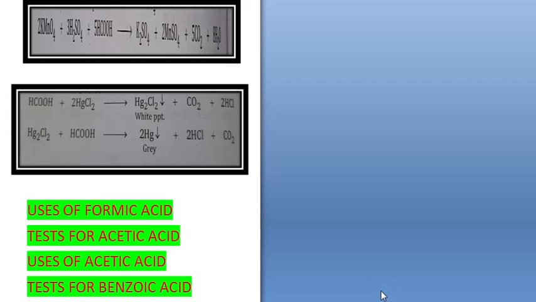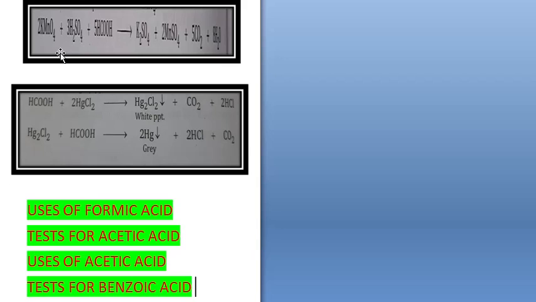So 2KMnO4 plus 3H2SO4 plus 5HCOOH gives you K2SO4 plus 2MnSO4 plus 5CO2 plus 8H2O. The pink color of the acidified KMnO4, that is why we have taken H2SO4, the pink color of potassium permanganate disappears in presence of formic acid.